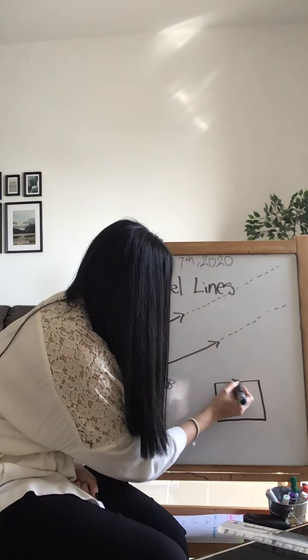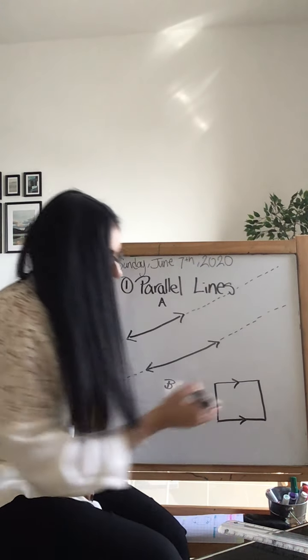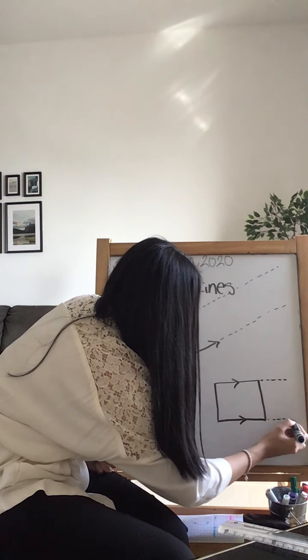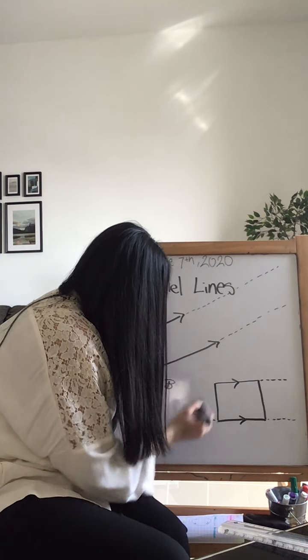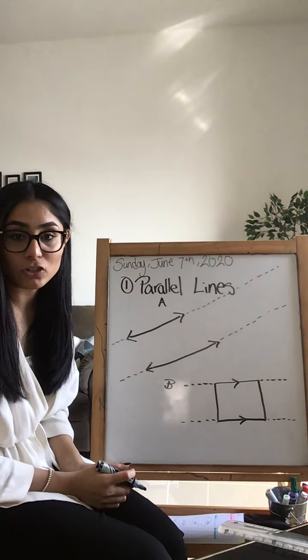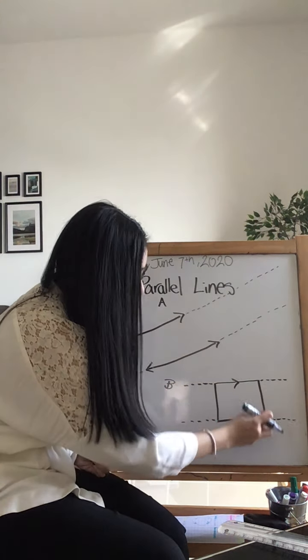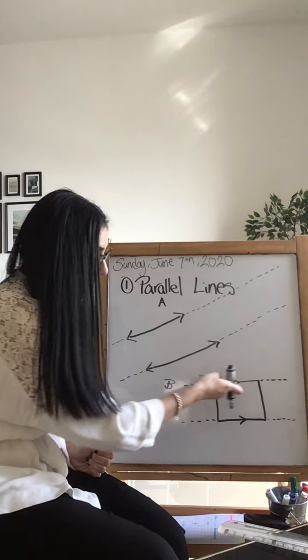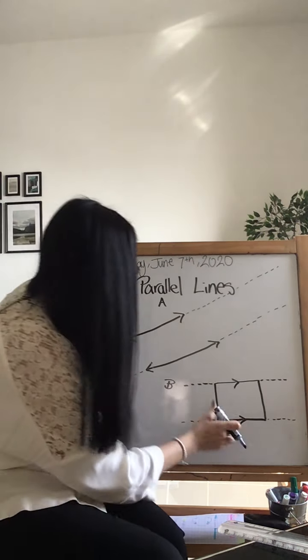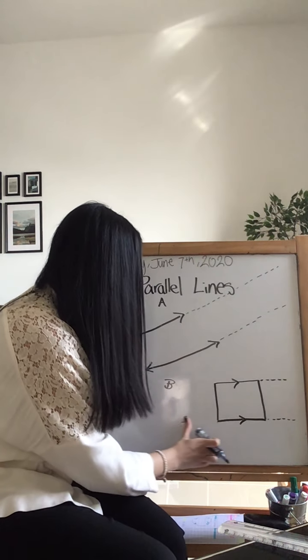If I continued this line and continued this line, and maybe I want to go this way, right? It's the same thing. These two lines are never going to touch. This line touches this line, but it's never going to touch this line. That's the difference, okay?